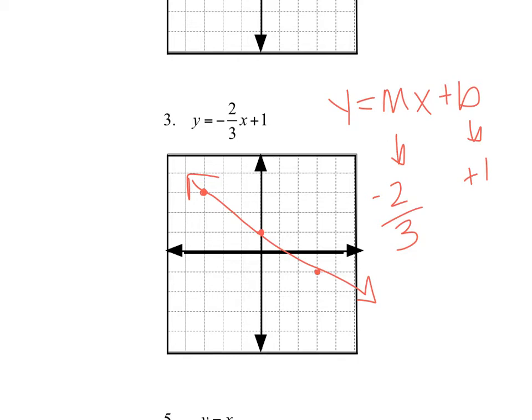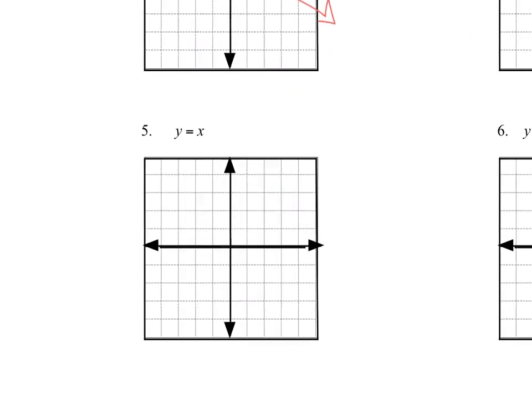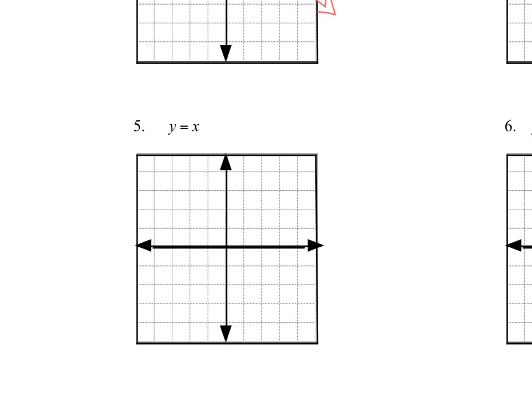Let's go ahead and take a look at number 5. Again, this is slope-intercept. There is no y-intercept here, so it's the same thing as saying +0 at the end.